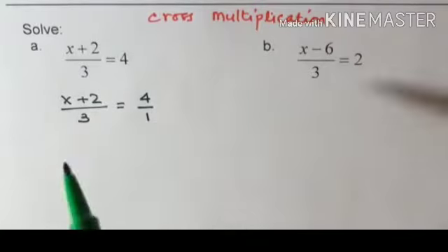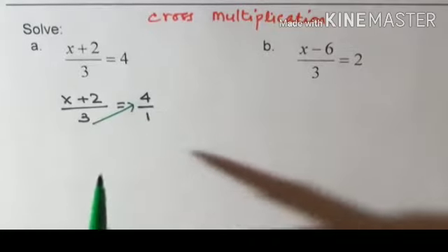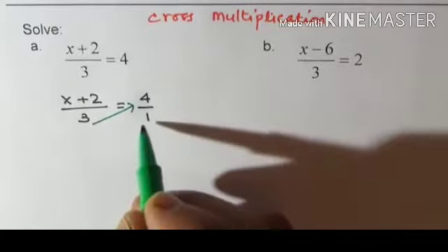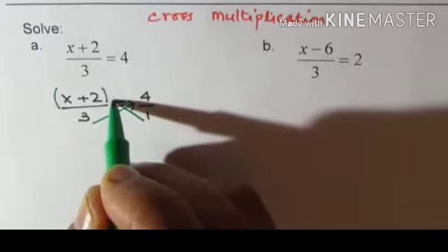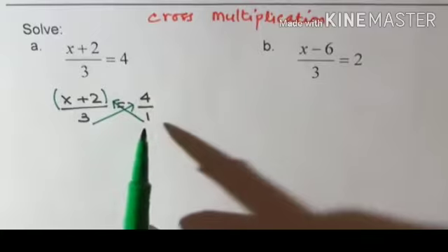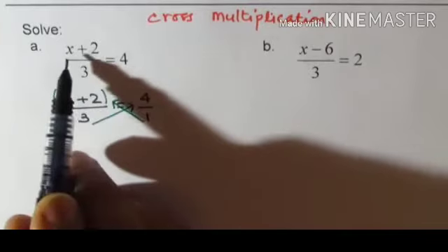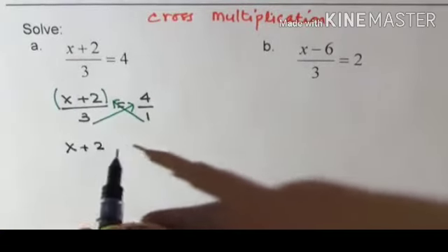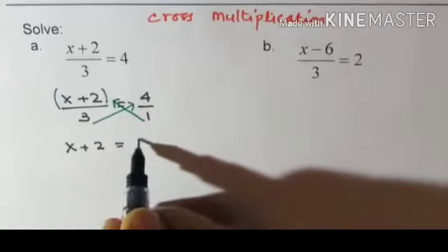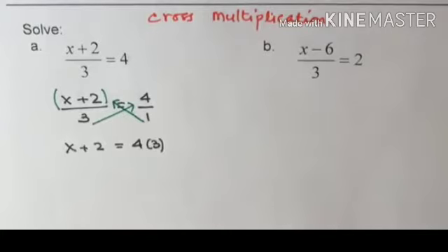Cross multiplication means this 3 gets multiplied with the term on the right side, and the whole left term gets multiplied by 1. You get an idea, right? So it remains the same. So we're left with x plus 2 on the left side, and on the right side we get 4 times 3 or 3 times 4, one and the same thing.